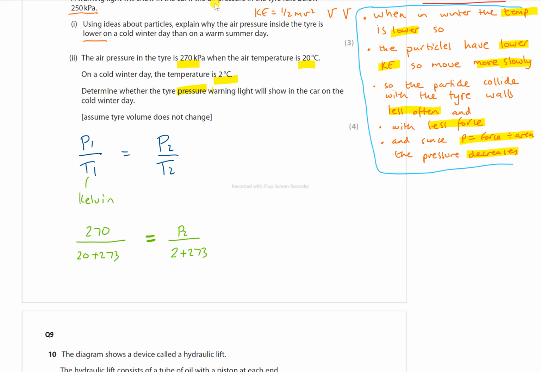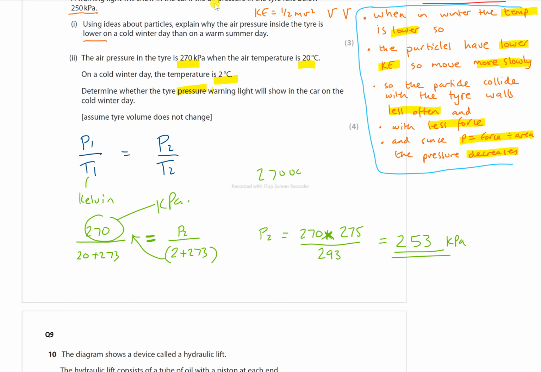Right, so therefore pressure 2 equals 270 times 2 plus 273, all over 293. So basically I've added these two together and taken it up, and the answer is 253 kilopascals, because we were dealing with kilopascals here. We didn't bother adding 270,000 pascals.